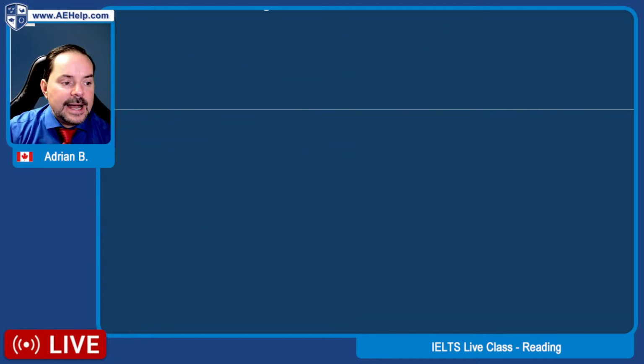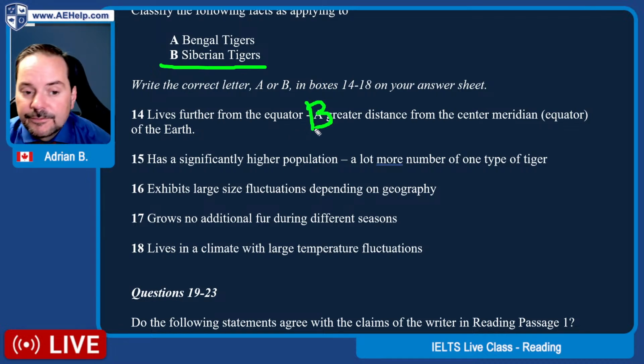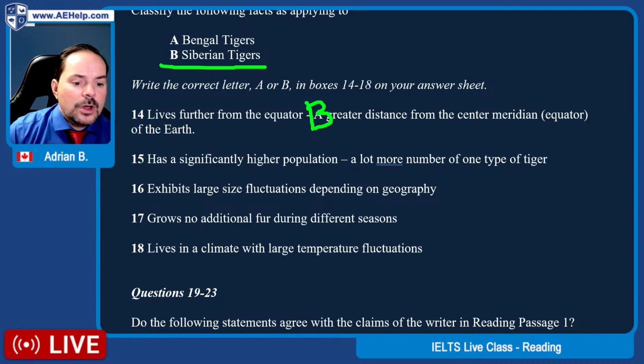So when we go back to the questions here, lives further from the equator. Which one is it? It is B, Siberian tiger, right? So this one, the answer is B, because it lives further from the equator.